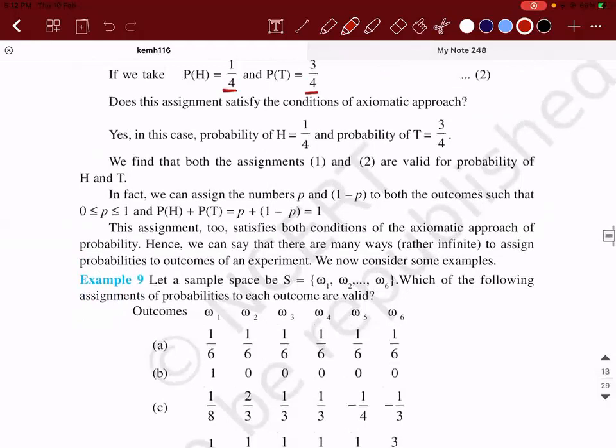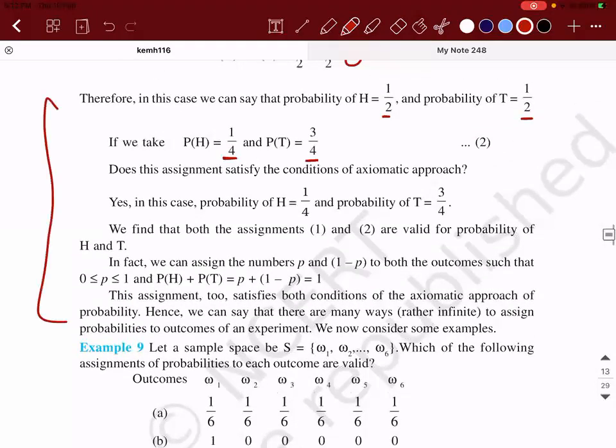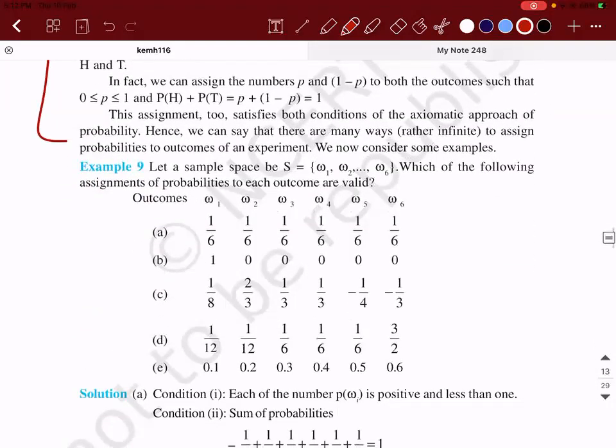Let us forget about it. I'll do a problem and show. Let us consider a sample space S with elements omega 1, omega 2 till omega 6. Which of the following assignments of probabilities to each outcome are valid? There are 6 singletons associated with the sample space.